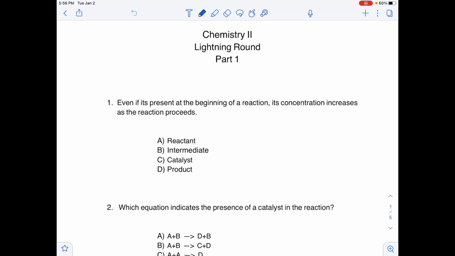Catalyst, a catalyst can be present, but it stays the same, its concentration is not going to increase. And then a product is present at the beginning of a reaction, and its concentration increases as the reaction proceeds. So the correct answer would be option D.